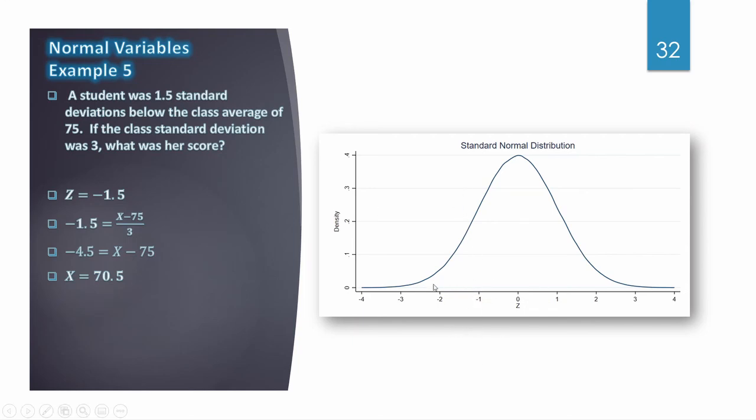So what does the test score have to be for them to be 1.5 standard deviations below average? Well, if the standard deviation is 3, then 1.5 standard deviations is 4.5 points below the average of 75. They would have had a 70.5% on their test.